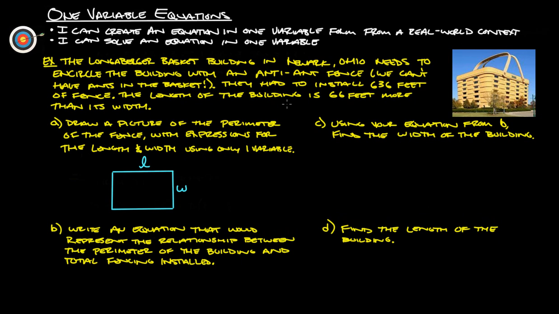The key here is the length is 66 feet more than its width. So we know the length is 66 feet more than the width, so add 66 feet to the width.